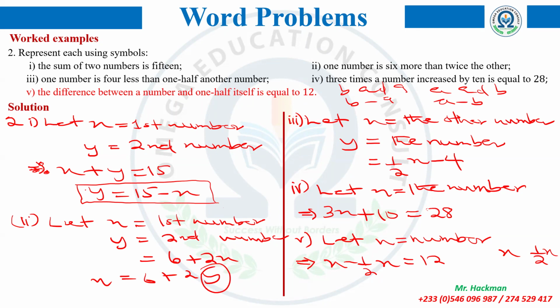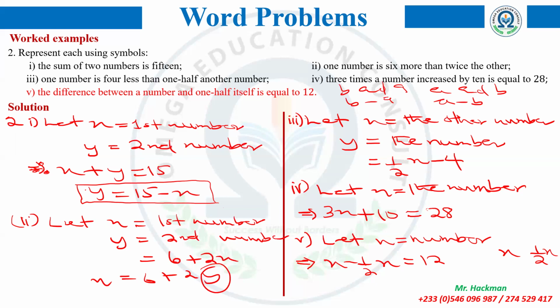Yes, please. Okay, so Prof. Josephine. Sir, please, because they said 1/2 itself, so I thought it was 1/2 alone without the X. No, it said 1/2 itself. The itself is referring to what? You always take 1/2 of something.